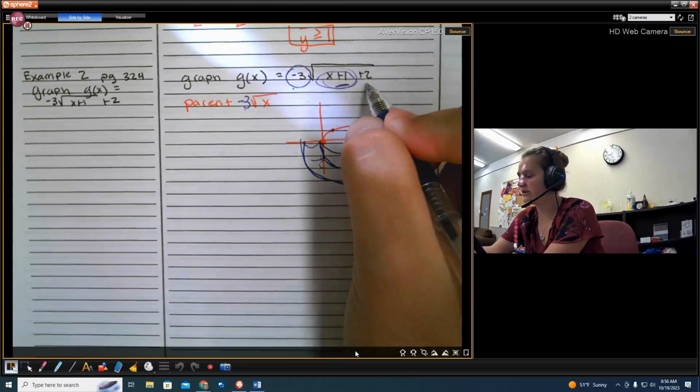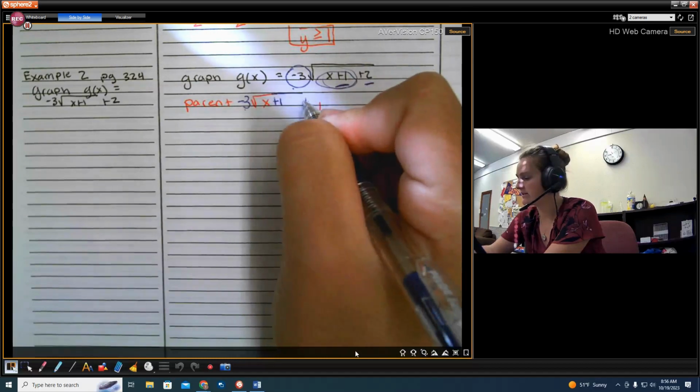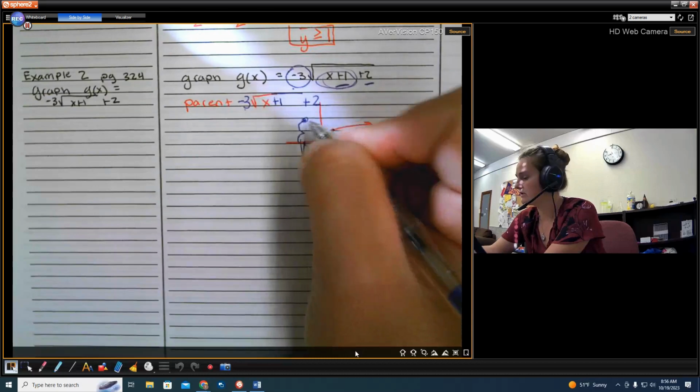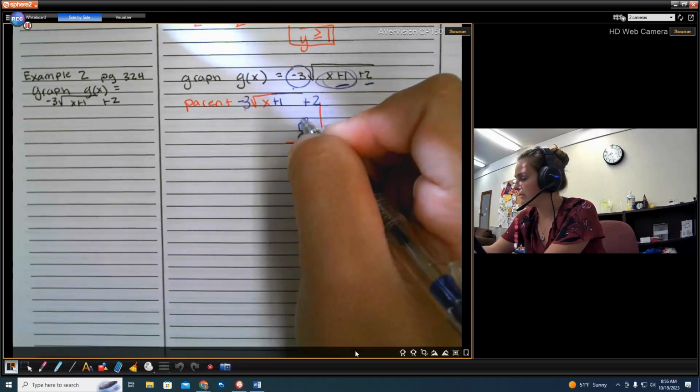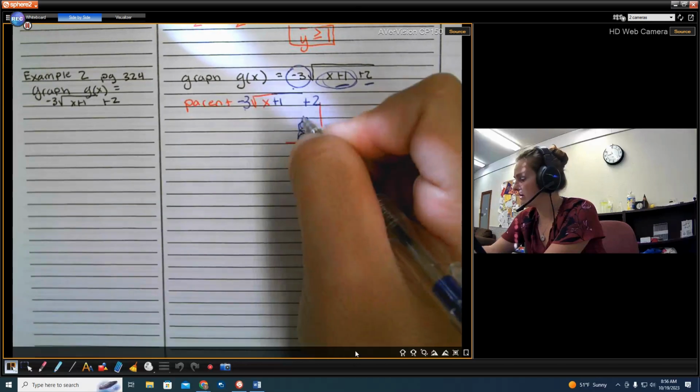Okay. And then we are also going to be moving our graph up 2. So we already did the plus 1. Now we're going to do the plus 2 on the outside, which just means to move it up 2. So that would be 1, 2.